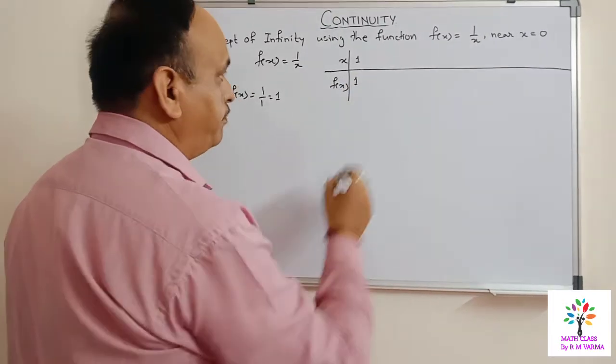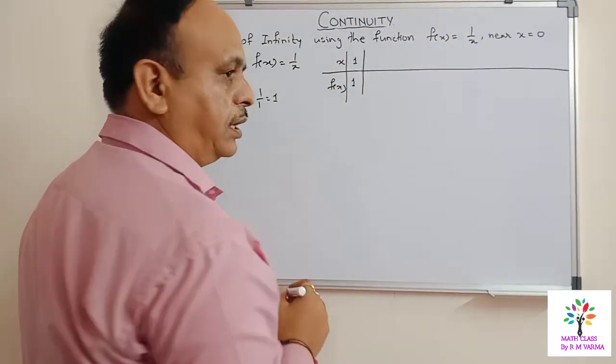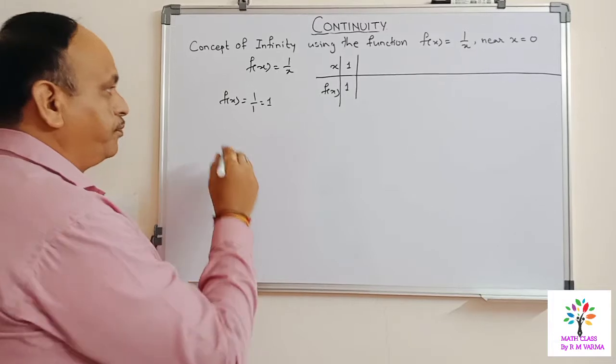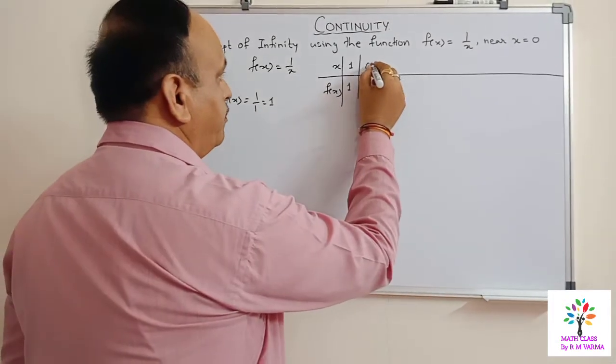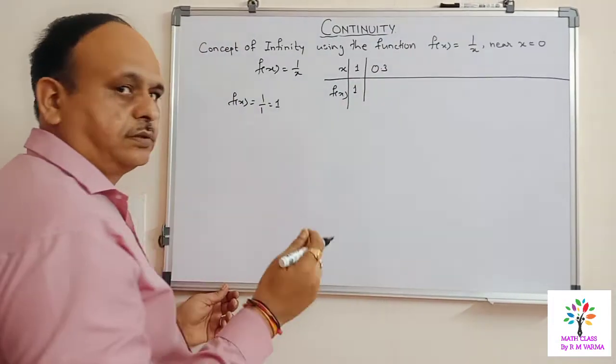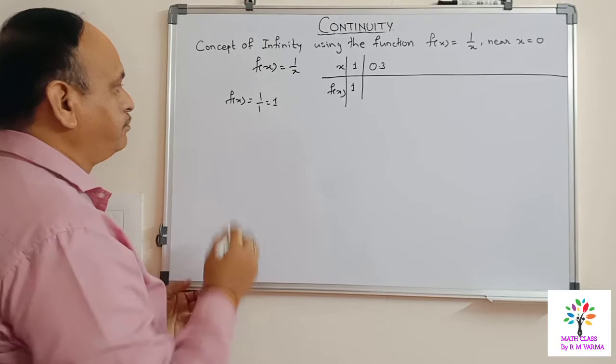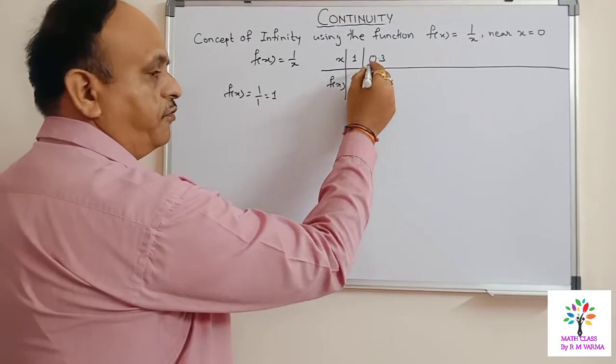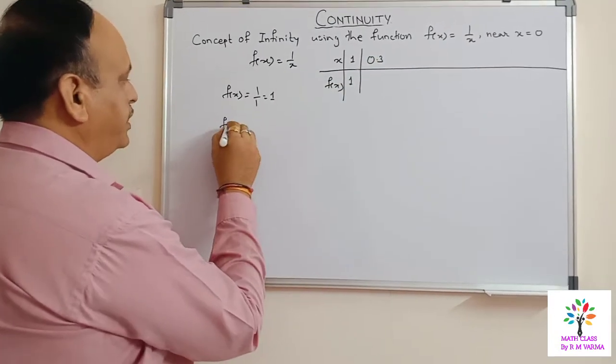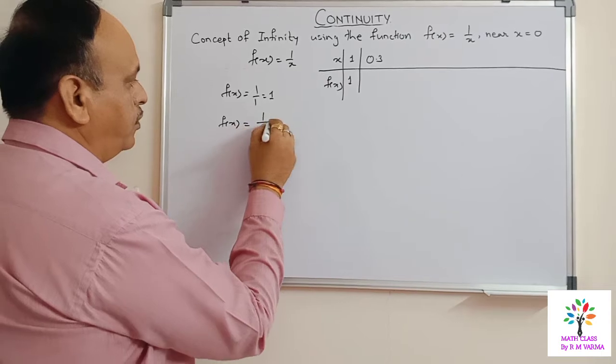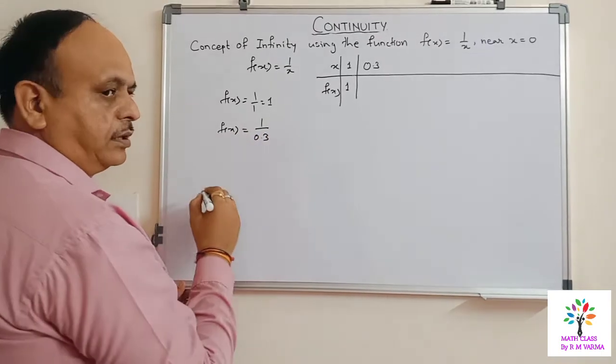So my answer is 1. Now I take another value, say 0.3. I am going towards 0. So the value of x is 0.3. So f(x) equals 1/0.3.